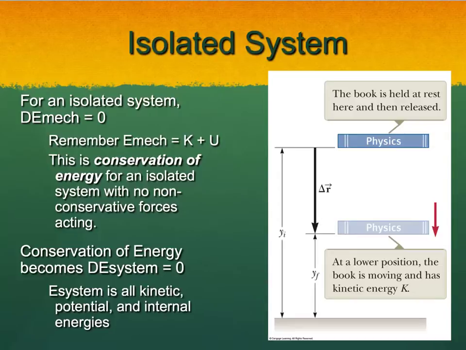Remember, we could have matter transfer, it could be done through work, it could be done through electromagnetic radiation, the list goes on. Ultimately, in a non-isolated system, the total energy of the system is going to change. This is different from an isolated system, where we're not going to have energy cross the boundary. In this case, the total energy of the system is going to remain constant.